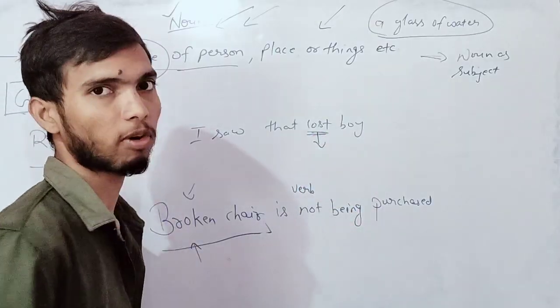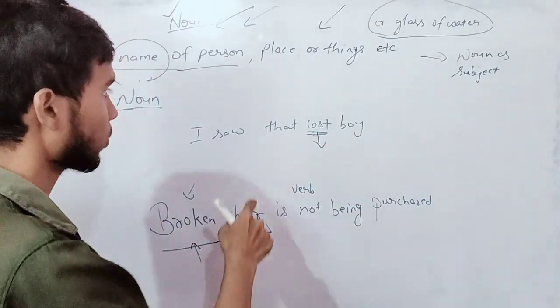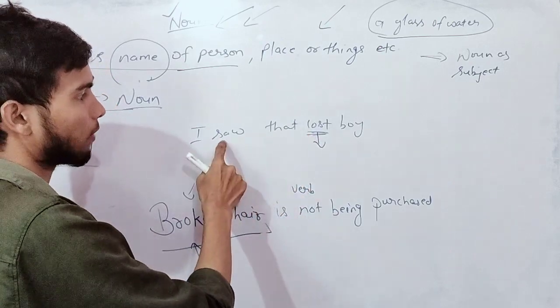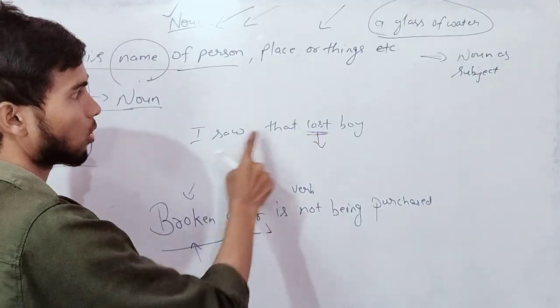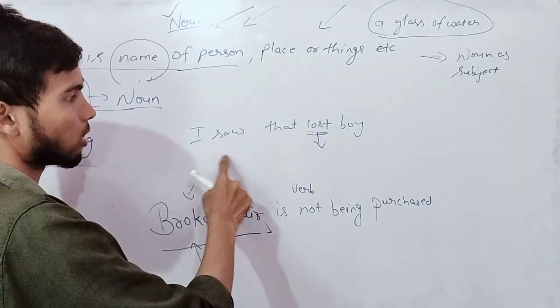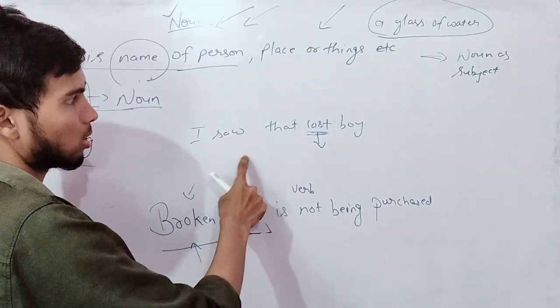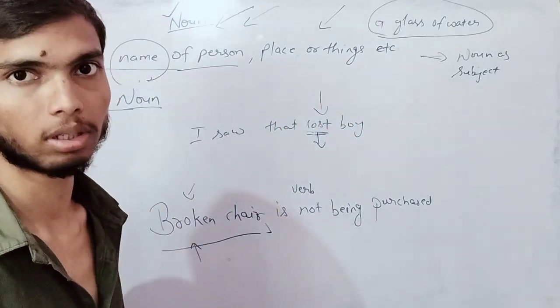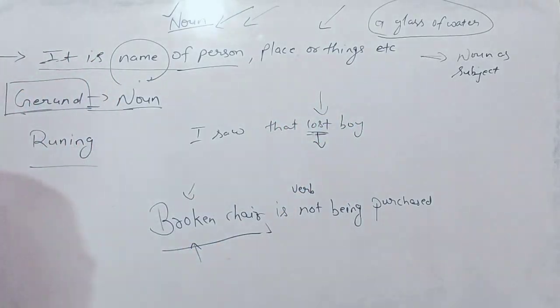But it is not performing as a verb in this sentence, because it is not coming after the subject. Here the verb is saw. But here lost is performing as an adjective, because it is giving additional information about a boy. Boy is a noun.